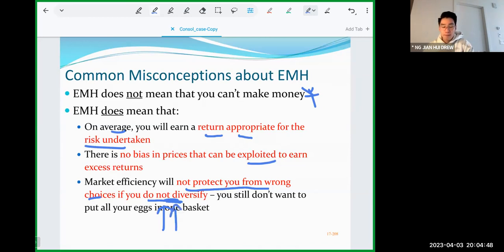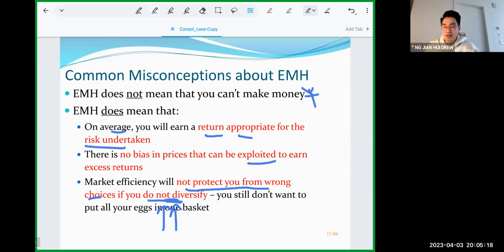So let's say today you've just gotten your bonus, because April is usually the bonus month. And you decide to invest in one stock. Let's say you want to invest in Meta, right? Facebook, Meta. If you're investing in one stock, the efficient market hypothesis will not protect you in the sense of saying that you will earn a market return, right?